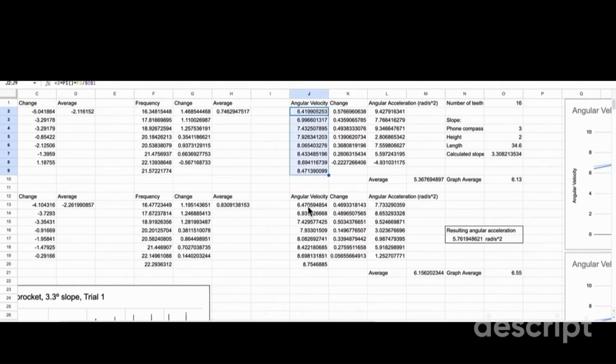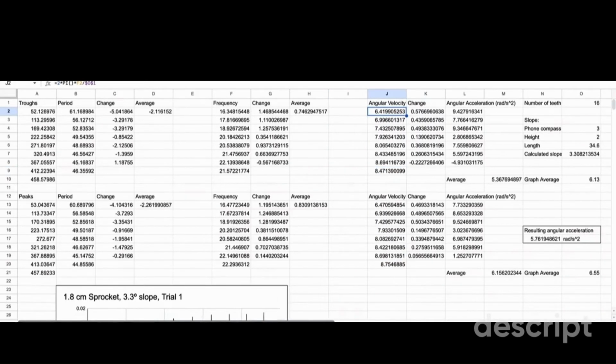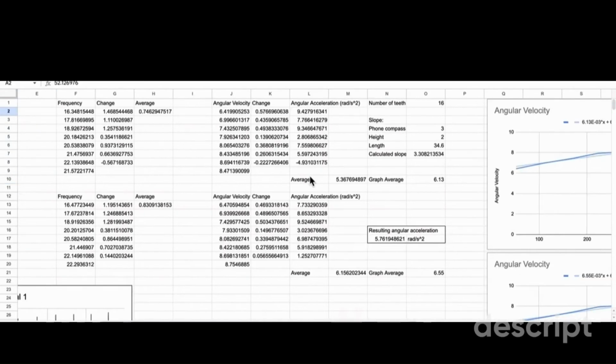However, we can get quite close to that. And from these values, we can find the angular acceleration at that point, or we can just find the change from the angular velocity at the final timestamp from the initial timestamp and divide it by the time period from the final time to the initial time. This results in an average, or you can just take the average of the angular acceleration, whichever one is fine.